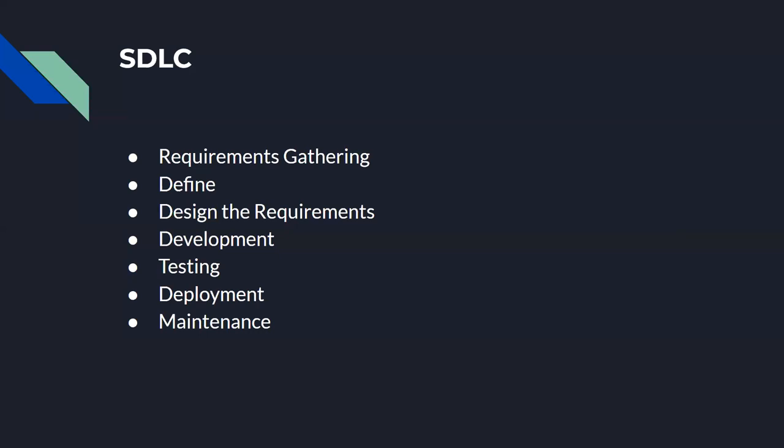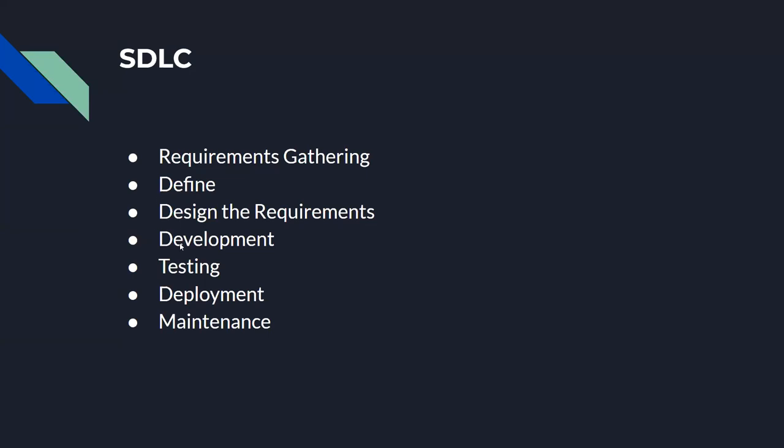Once you are clear with these three phases, once you know the customer very well and what he wants as a business, then you can go for the development. So the first three phases are very, very important. Development is not the most important part. If you are clear with these three phases, then development can be very easy.